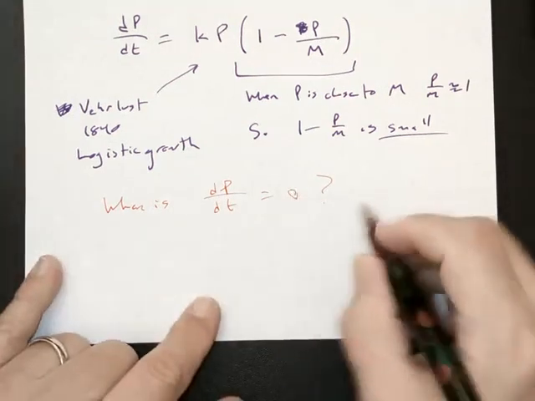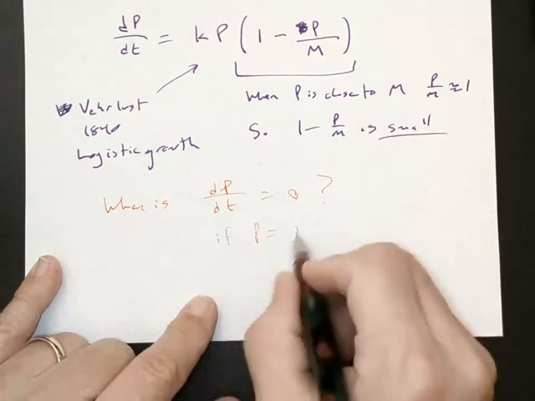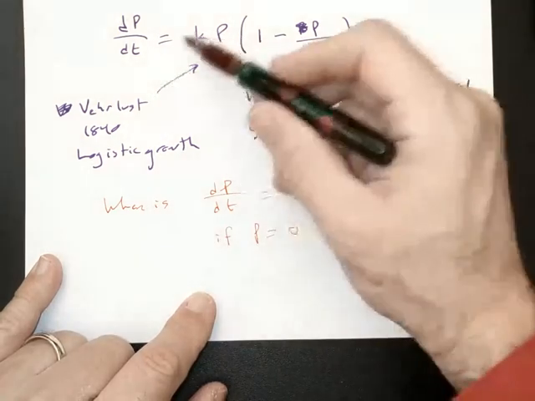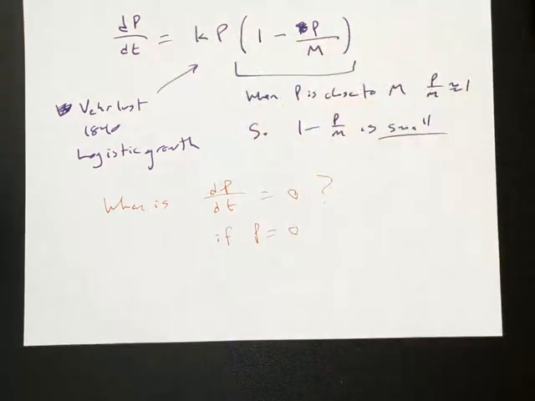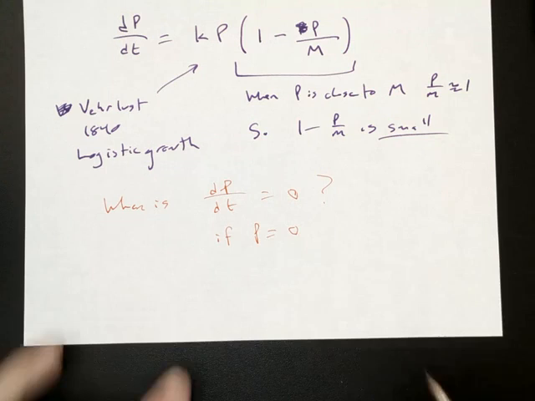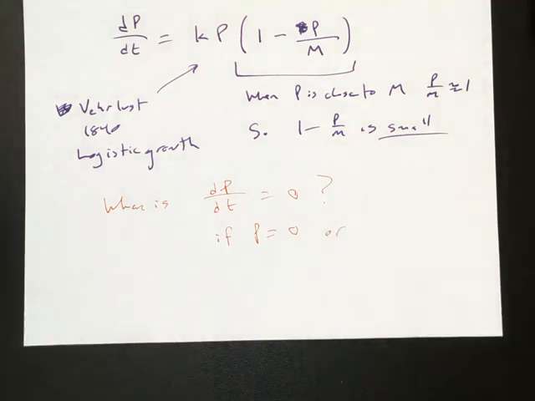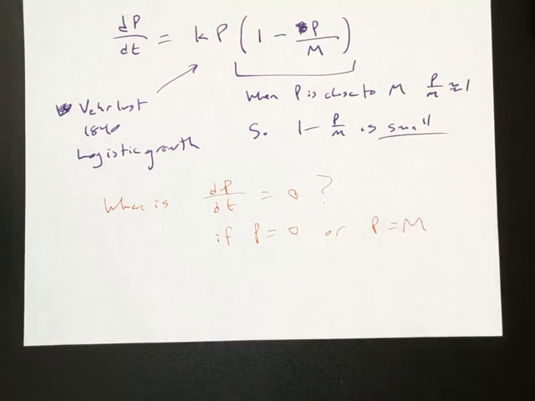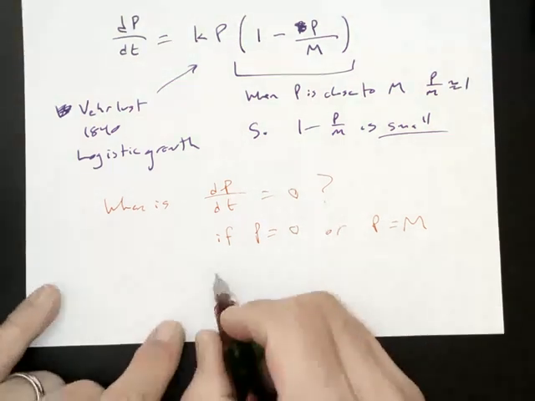If I don't have any population to begin with, then this term is 0, and dB/dt is multiplied by 0, therefore it's 0. What's my other option? Aha! So those two values, if we hit either one of them, our population is stuck. They're called equilibrium solutions.